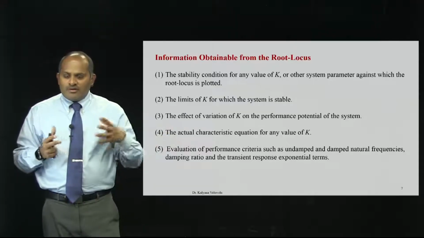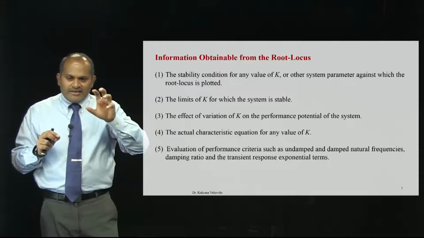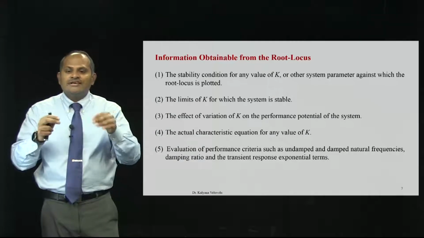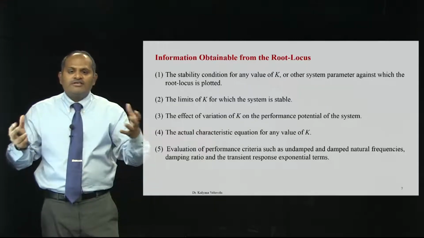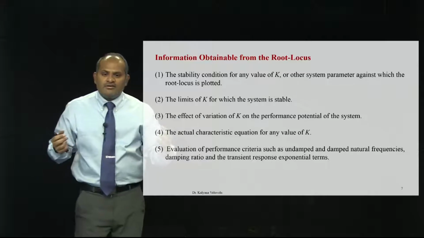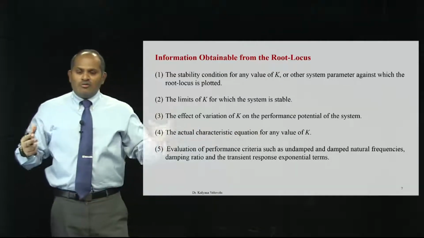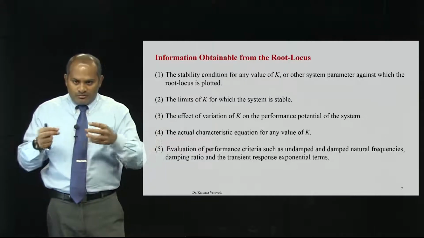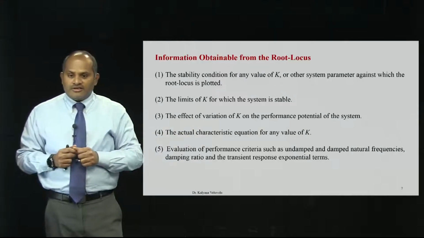So we know how the k changes the performance. When you change the k, the roots change. Roots change, damping changes, omega n changes, everything changes. Next, the fourth one, we can also know for every k the characteristic equation, because you know the pole locations, you know everything, so we can know the actual characteristic equation.